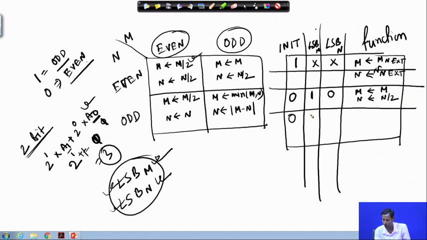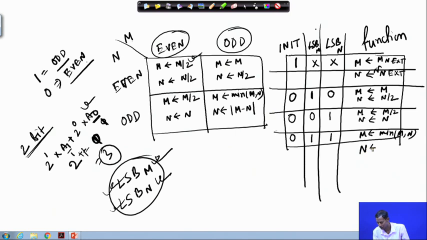Then again, for 0 and 1, m equals m by 2 and n equals n. For the 0, 1 case, m equals the minimum of m and n and n equals the mod of m minus n.